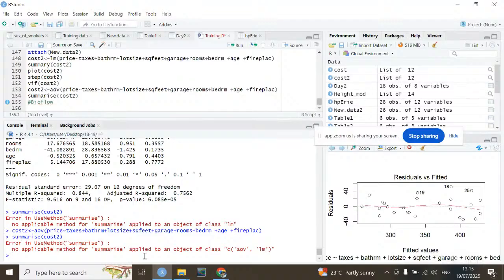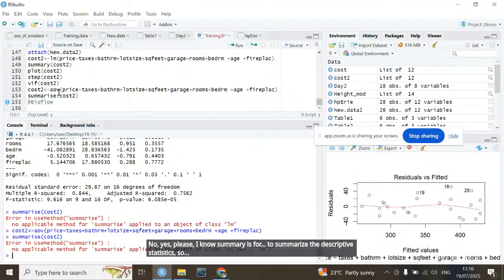I know summary is to summarize the descriptive statistics, which is close to summary, but not essentially. That's why I wanted us to look at that.